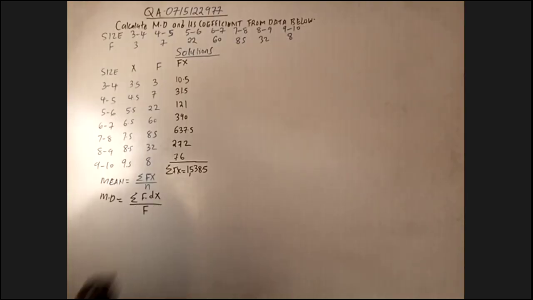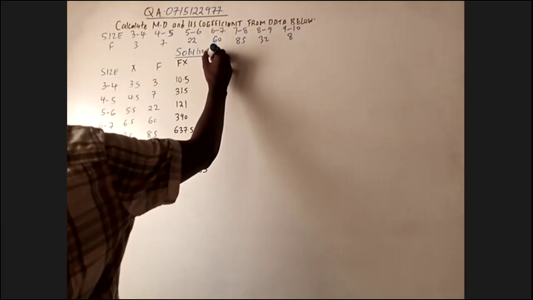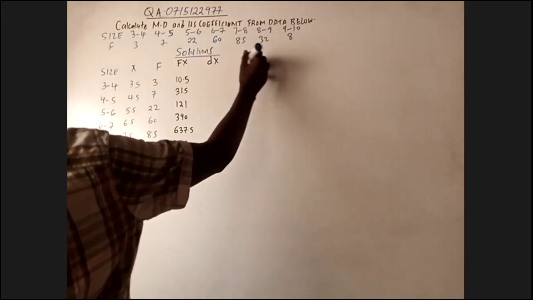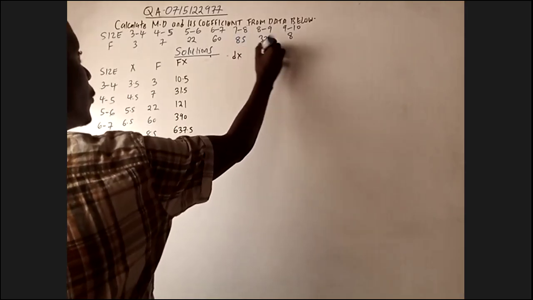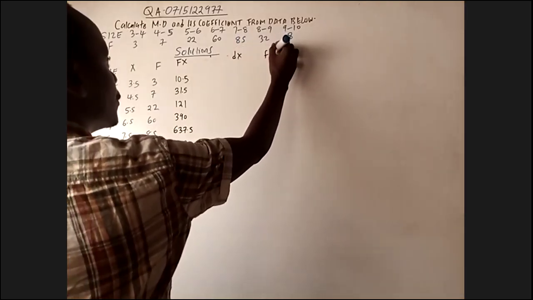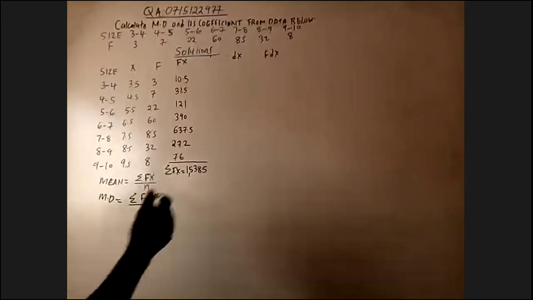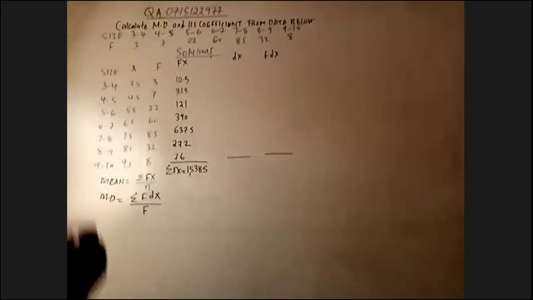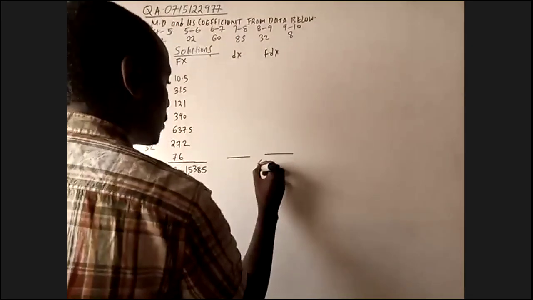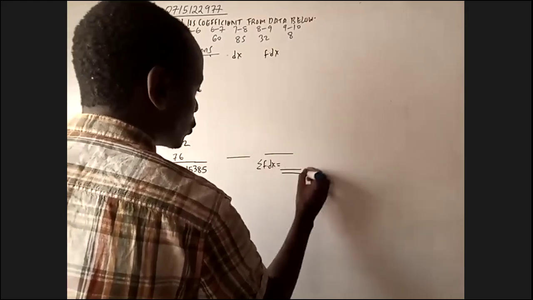So we need to find dx, and once we have dx, we find f dx. There is a lot involved. We are interested in this part: summation of f dx. That is what we want.